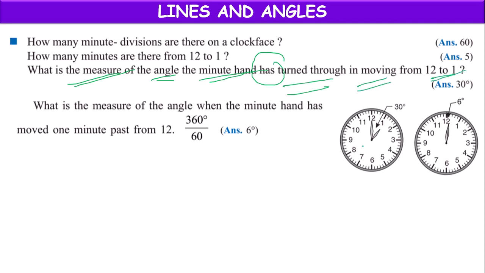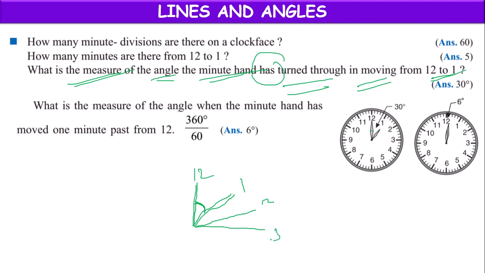Now, what is the measure of the angle the minute hand has turned through in moving from 12 to 1? Suppose the minute hand is at 12 and has moved to 1. What is the angle made by the minute hand while rotating from 12 to 1? Consider 12 to 1, 1 to 2, 2 to 3.